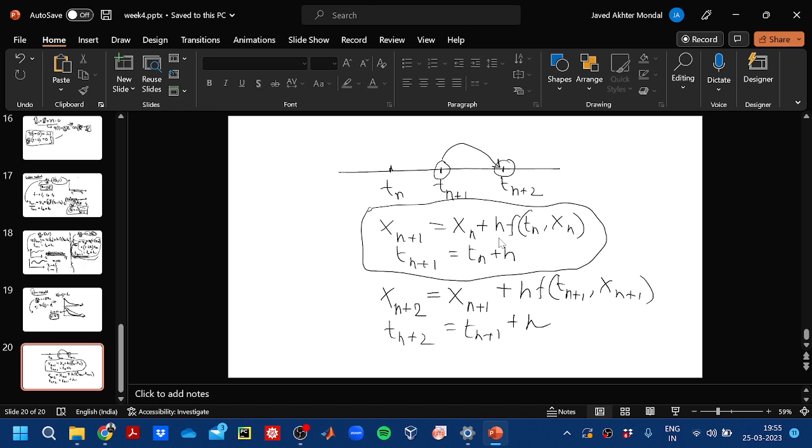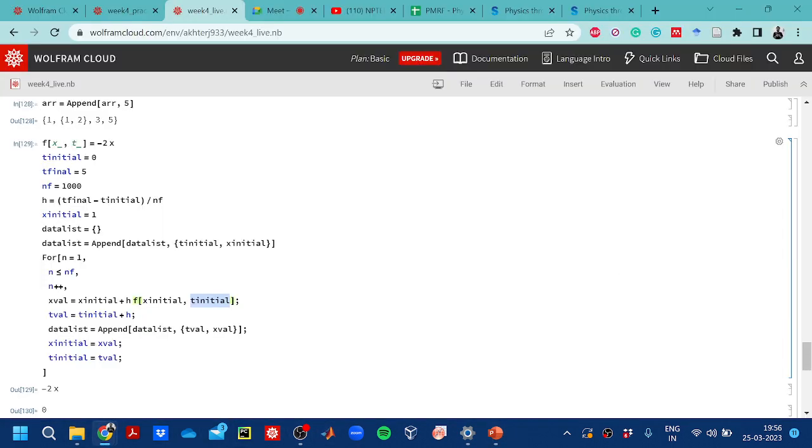So whenever we are calculating this x value and t value, we are using its value from the previous time. That is why we need to write down these two update equations.